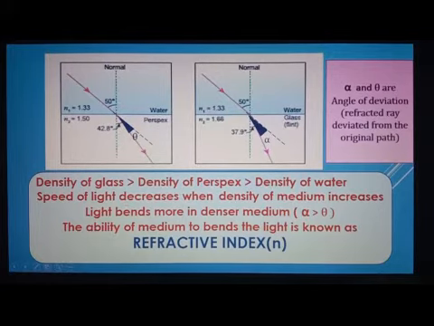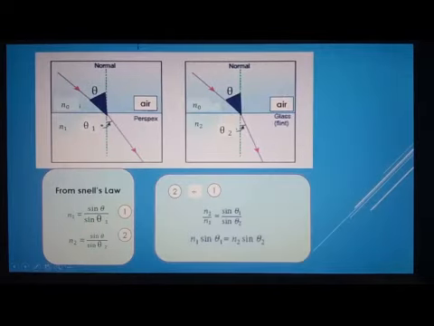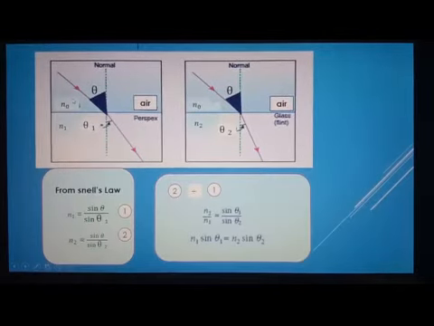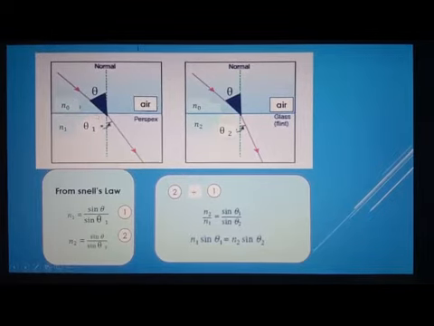So the ability of the medium to bend the light is known as refractive index, which we denote by the symbol small n. Now next we want to discuss the meaning of refractive index. Let's say we have two situations here. Light ray travels from air to perspex. Second, light ray travels from air to glass.